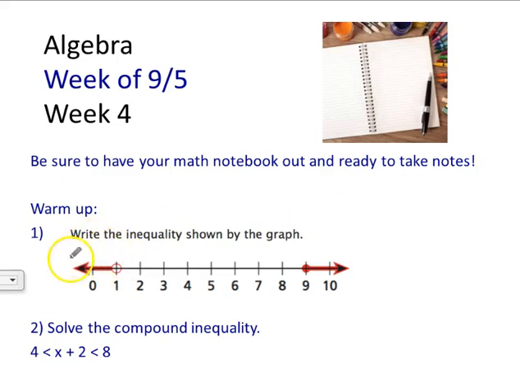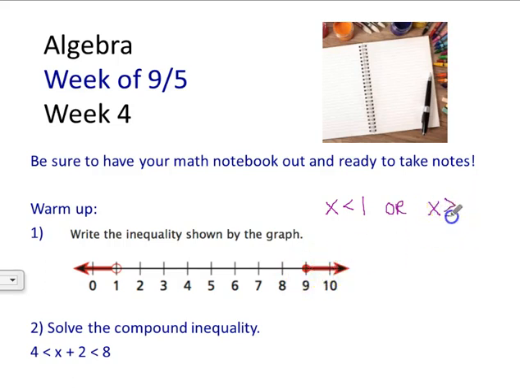So first of all, let's start down here. What is this inequality on its own? So we've got numbers that are less than 1. Less than 1. They're not including 1 because it's an open circle. So we can say that x has to be less than 1. Or, what about this inequality on the right side? X has to be what?